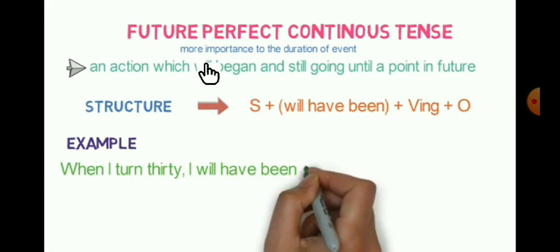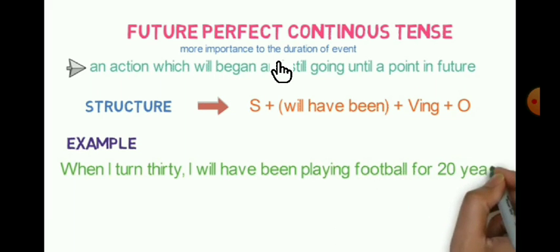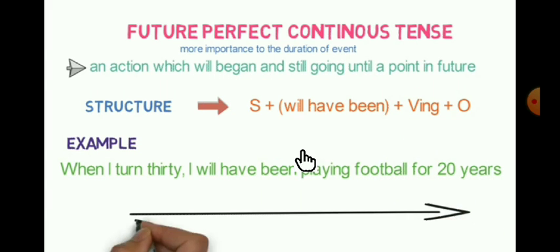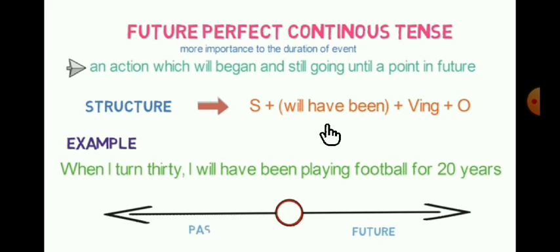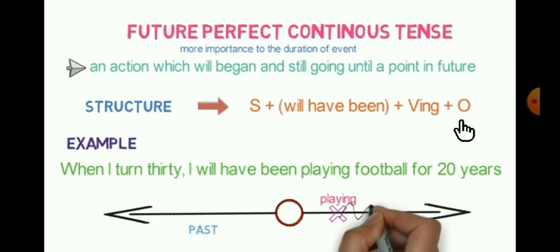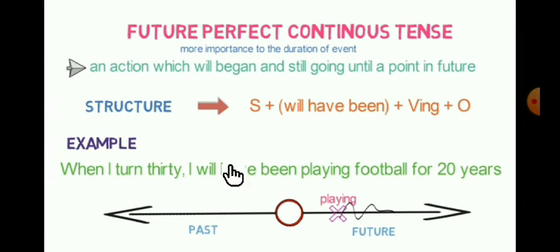Here we give more importance to the duration of the event. The sentence structure is subject plus will have been plus verb in the form of ing plus object. See the example: when I turn 30, I will have been playing football for 20 years. Understand it, students: when I turn 30, I will have been playing football for 20 years.